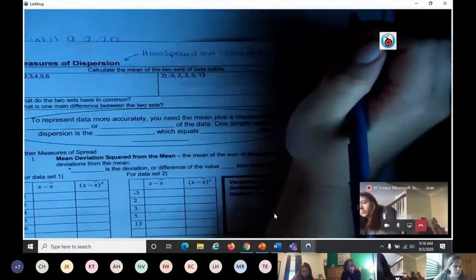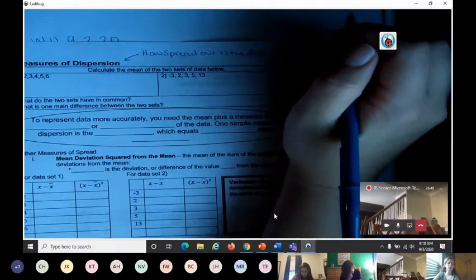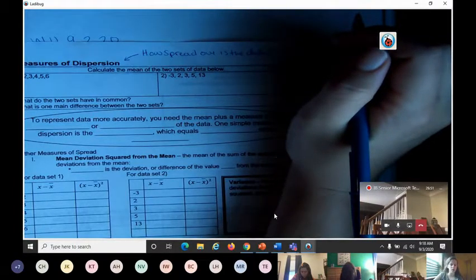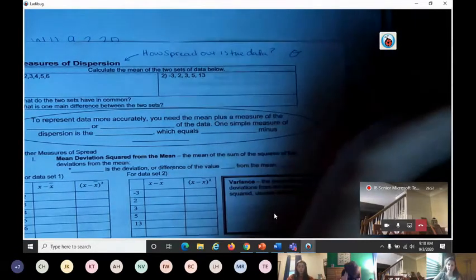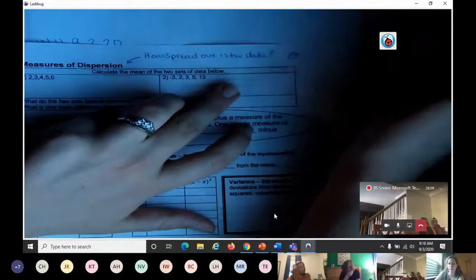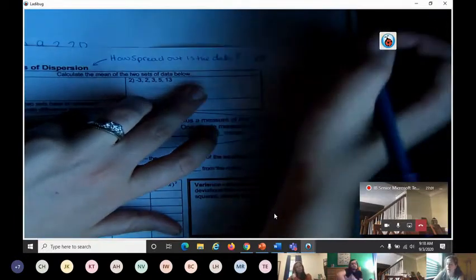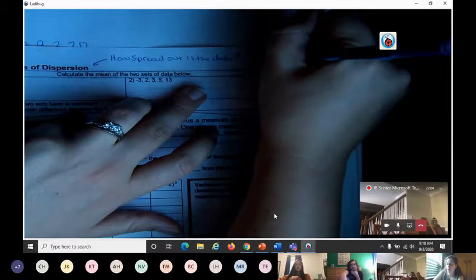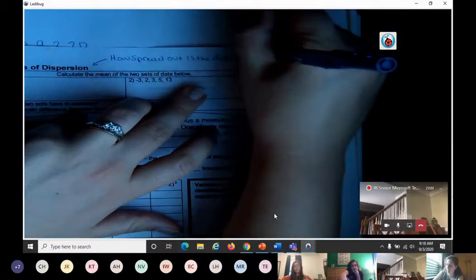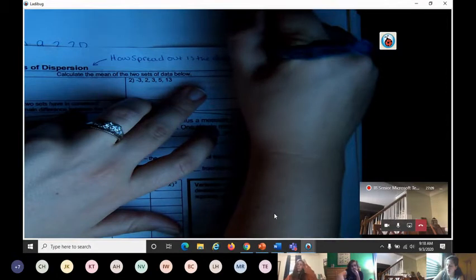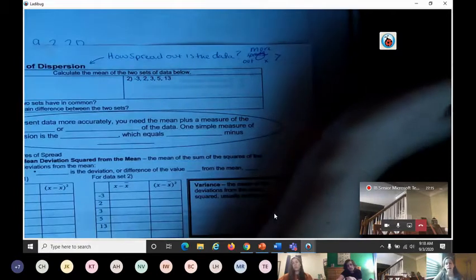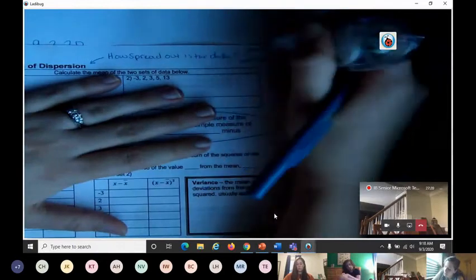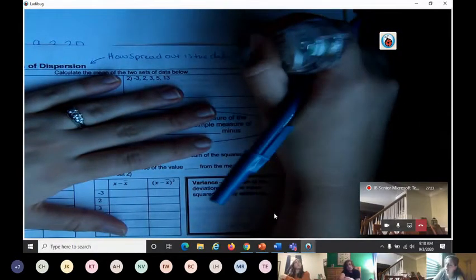Okay, so we're going to look at something called the variance, which we're going to represent with this little symbol here. The more spread out data we have, the larger the value for variance, the higher the dispersion.